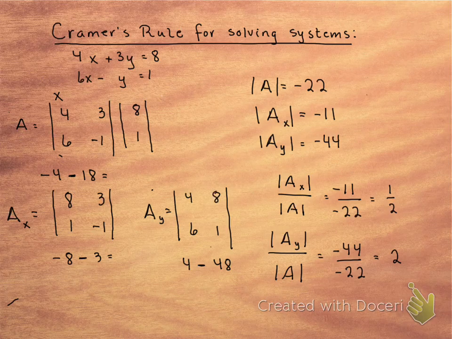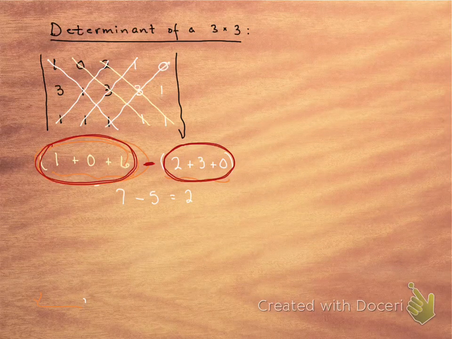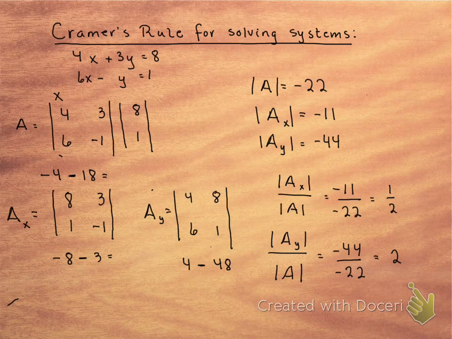And you would do that same thing with a 3x3, 3 equations, 3 unknowns. You would use your 3x3 determinant, the rules for that, and to find the x determinant, replace the x column with the solution column.